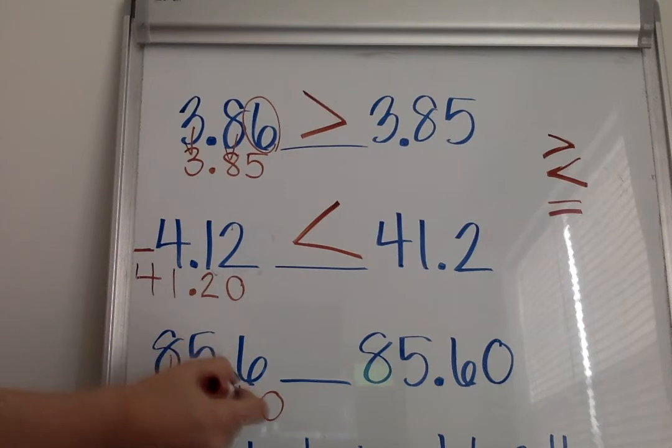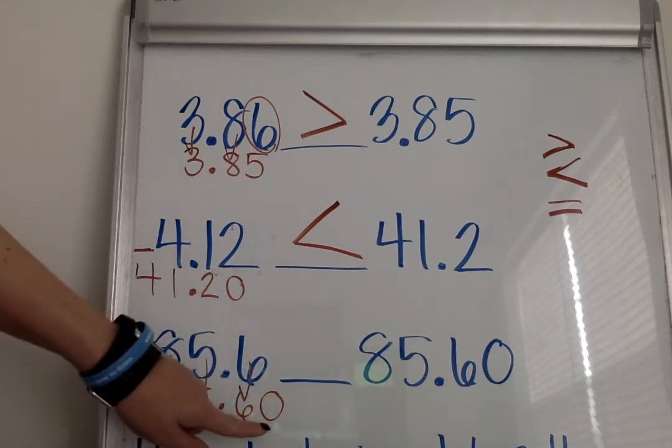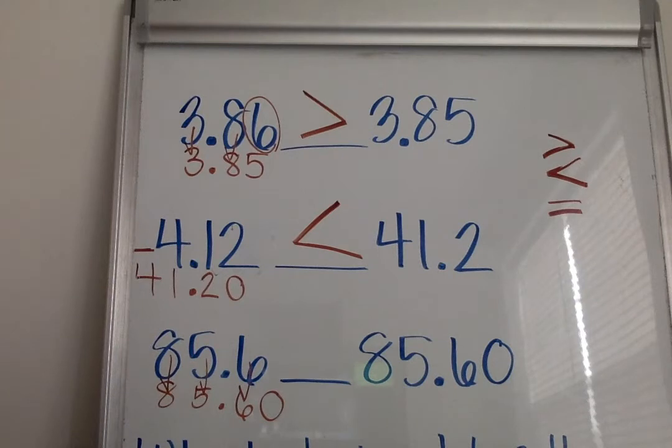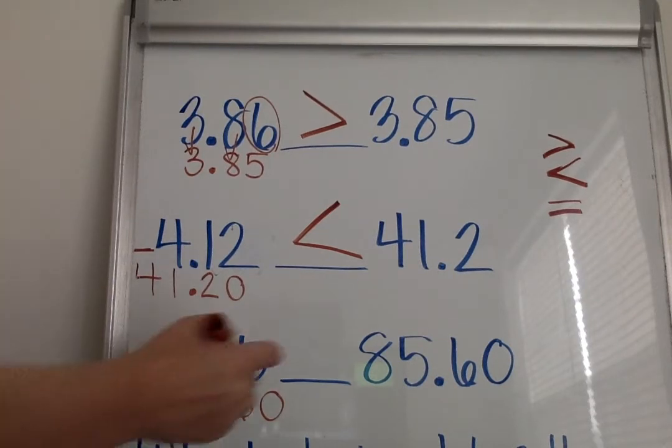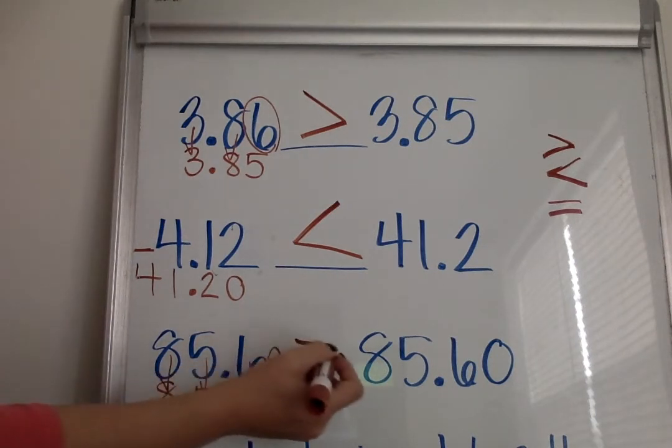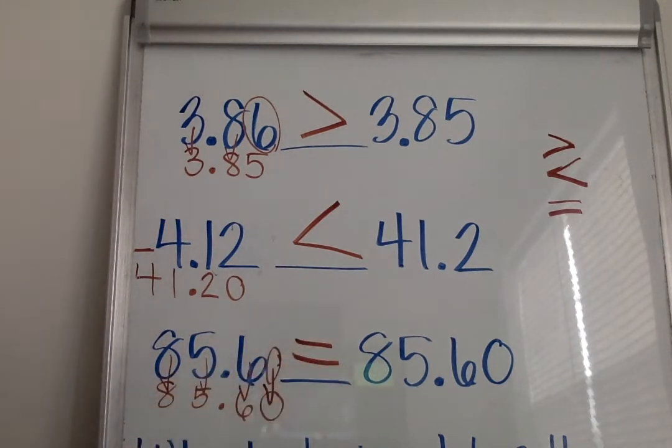A 6 in the tenths place. And then here I have a 0 in the hundredths, but I don't have anything here. I can add a placeholder again to line it up, make sure it's nice and equal, and my placeholder digit is always going to be 0. So I have a 0 in the hundredths place there as well. So therefore, these two numbers are equivalent.